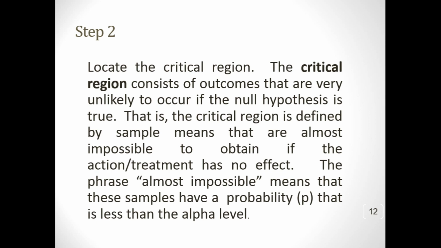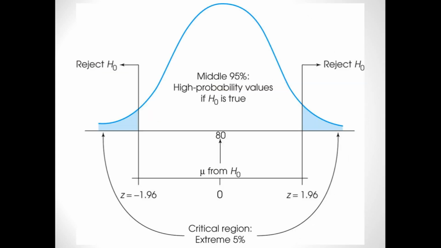That is, the critical region is defined by sample means that are almost impossible to obtain if the treatment has no effect. The phrase almost impossible means that these samples have a probability p that is less than the alpha level.